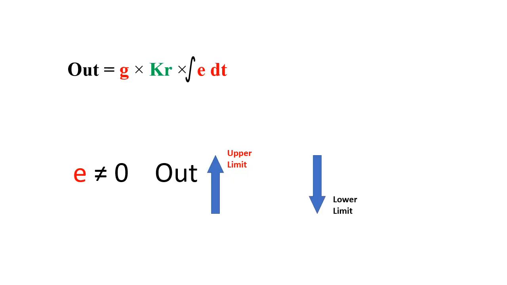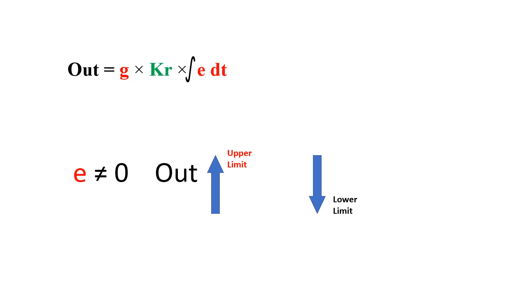Now, if we want to understand through our mathematical equation, here it is. We know that the integral action output is given as gain multiplied by the reset gain into the integral of error.